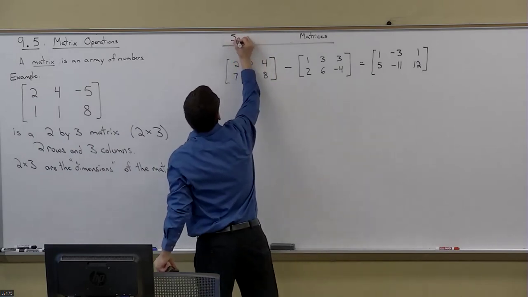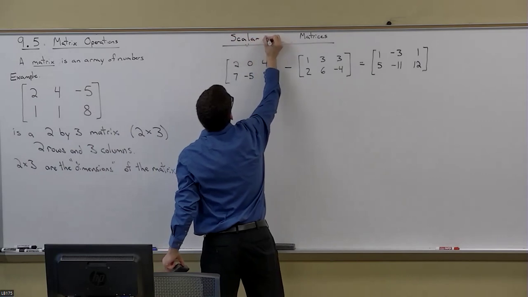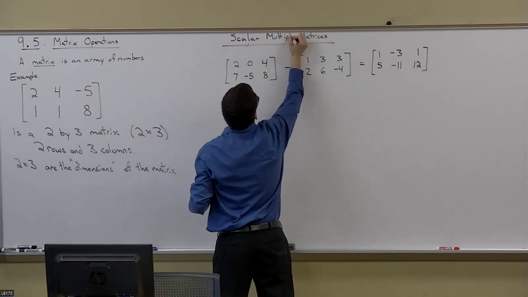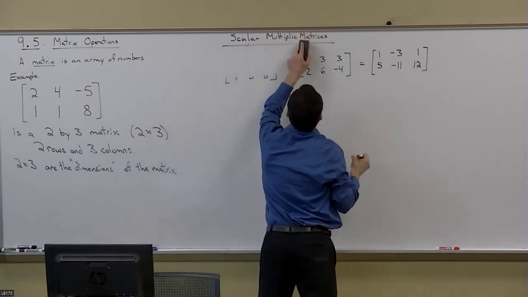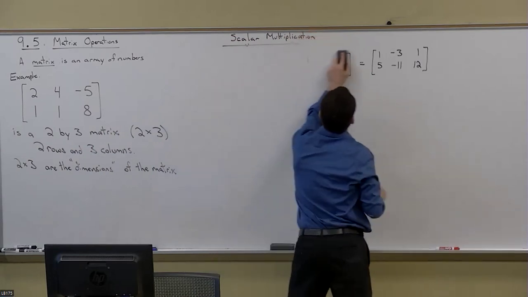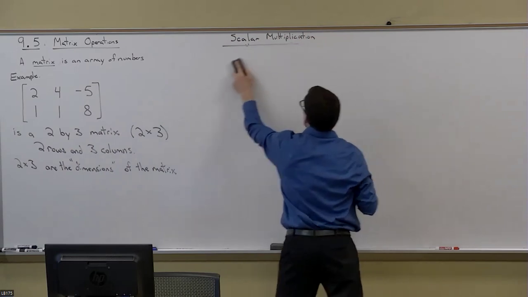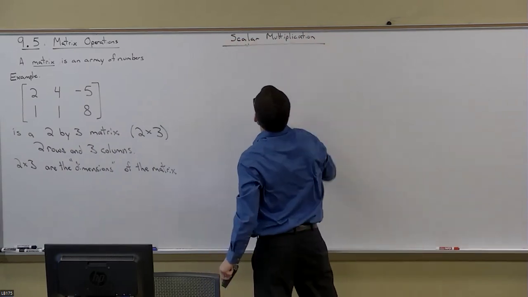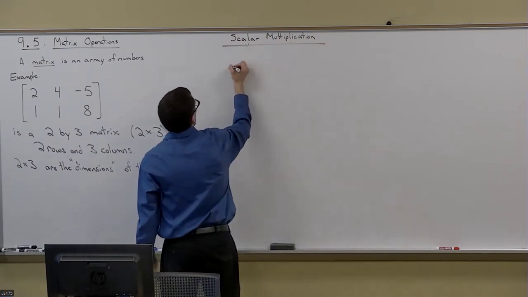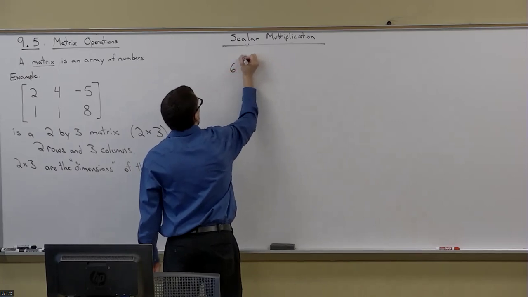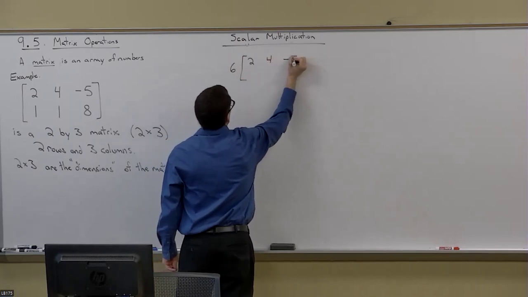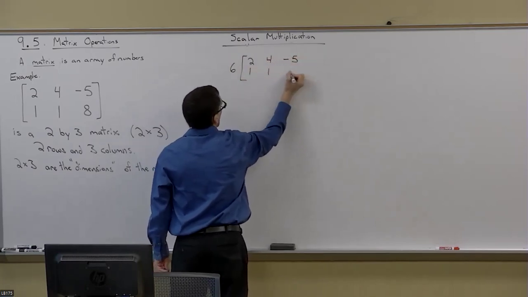Now let's take a look at scalar multiplication. Remember, scalar is just a fancy word for a real number. So what's going to happen if I take a number like 6 and I multiply my matrix 2, 4, -5, 1, 1, 8?